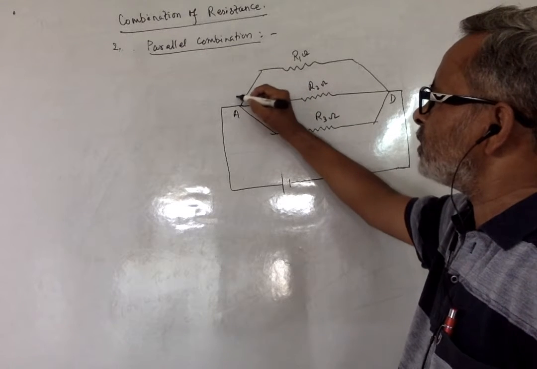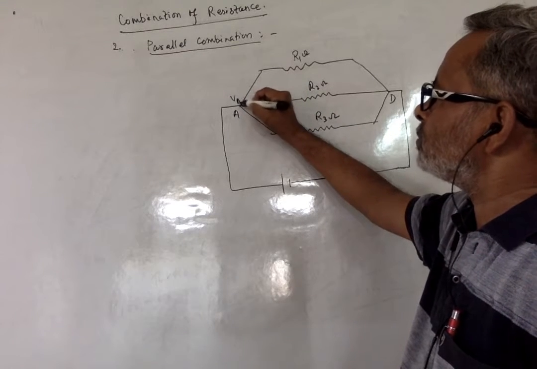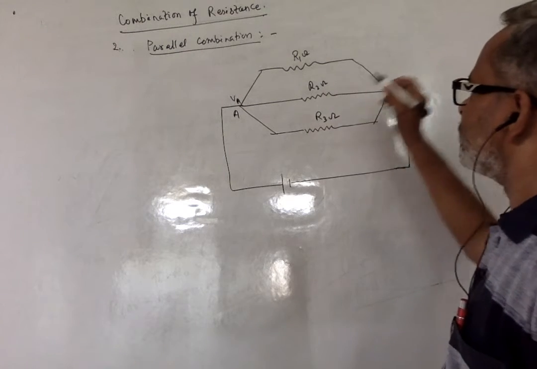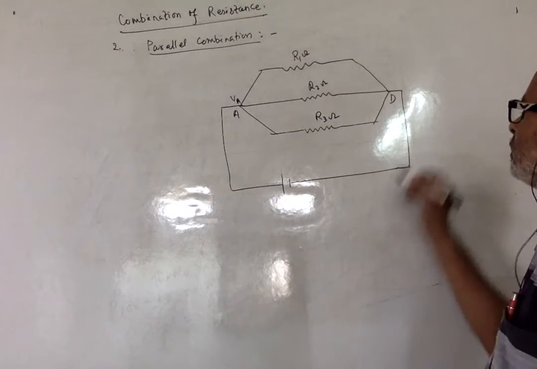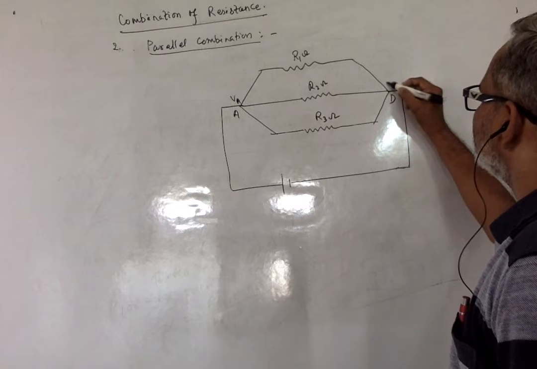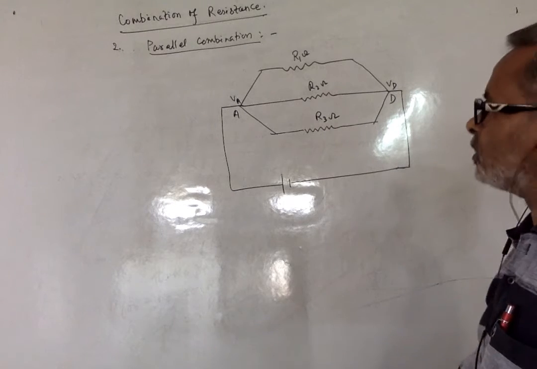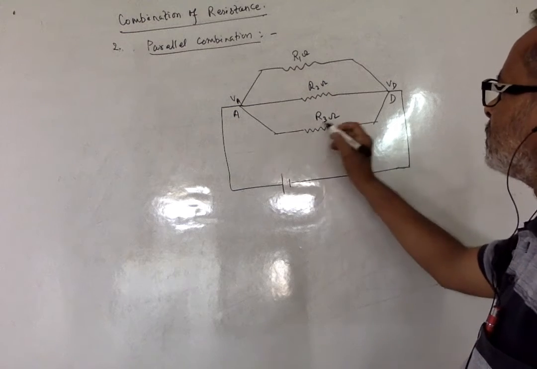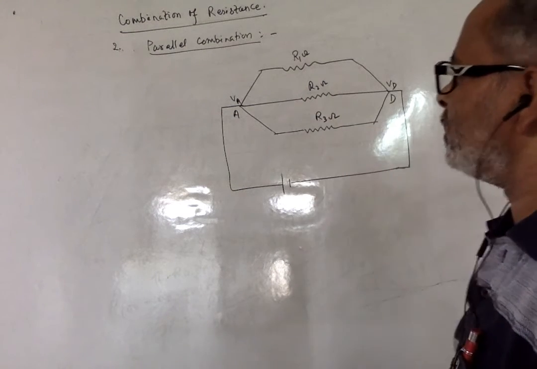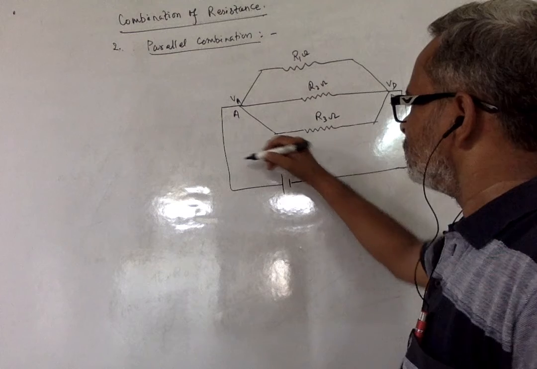The potential at A is VA and at B is VD. Potential difference of all the resistors is the same, equal to VA minus VD.